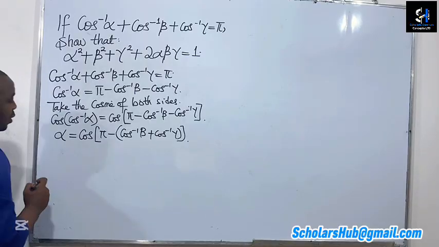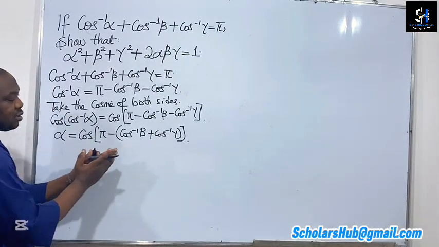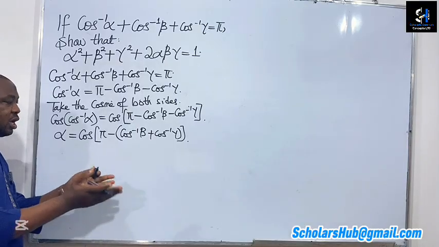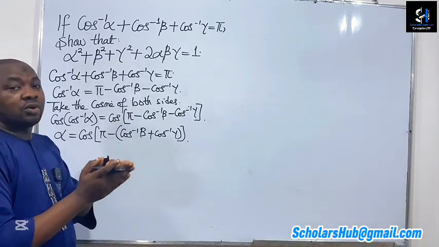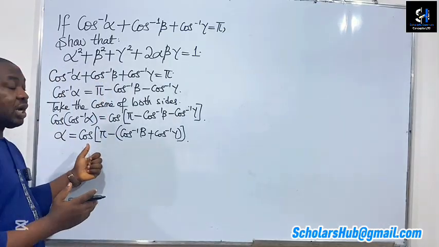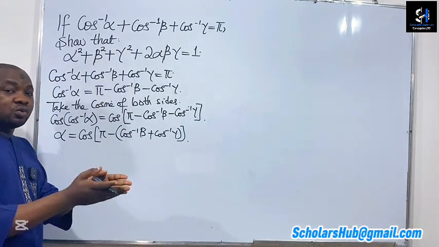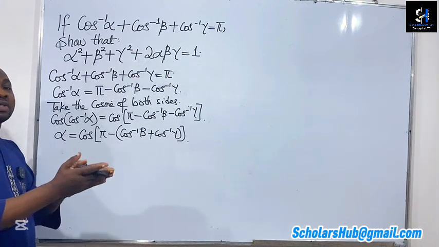All right, now this angle will be in the second quadrant, and we know for sure that when we talk about the second quadrant, cosine will be negative. That is, the cosine of the angle in the second quadrant will be negative.